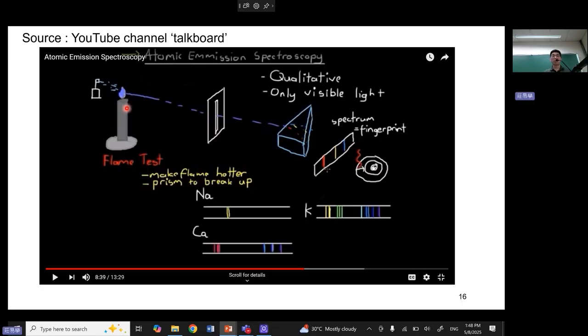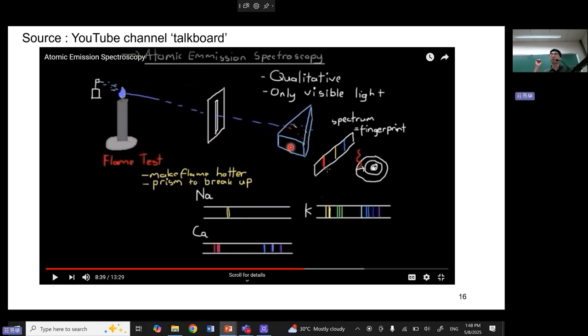That's because, in the case of sodium ion, when it encounters the flame, some reaction happens and the sodium is excited. When the electrons on the excited sodium return to the ground state, it emits light, and this mixture of light would enter a prism.